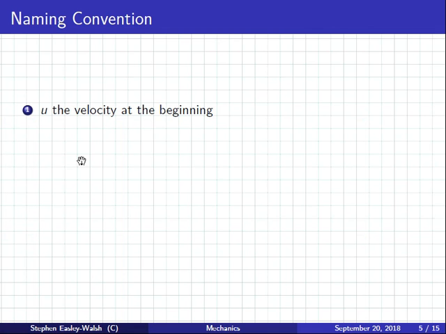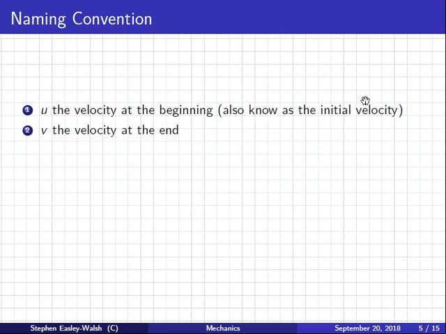You saw that in the first class. U is the velocity at the beginning, also called the initial velocity. V is the velocity at the end, called the final velocity.